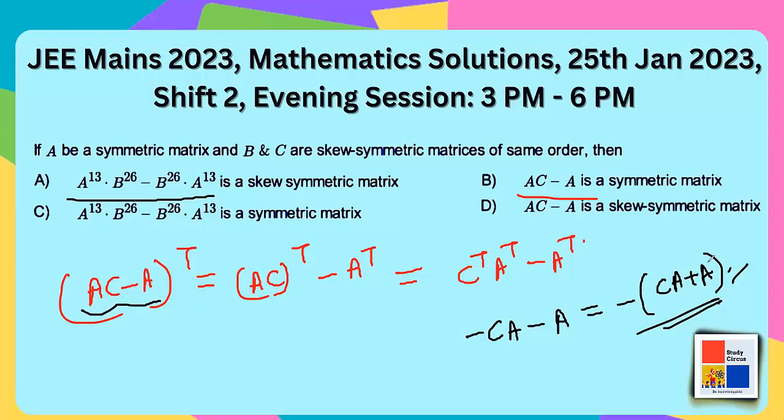There's nothing like that, so it's neither symmetric nor skew-symmetric. So we have to select option A as the right answer for this one. We saw that this whole thing was coming out to be skew-symmetric. So this is the answer.